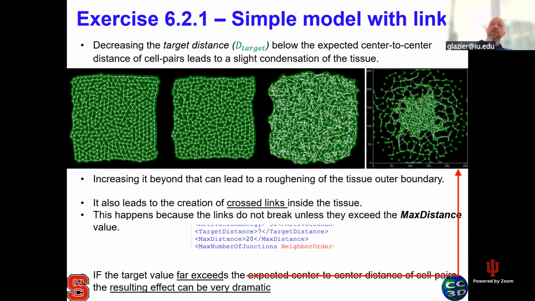And we saw that if we make the target length very big, we can push the cells apart, especially if we have low adhesion between the cells. And if we make the cells stick together and make the lengths long, then we can get crossing.